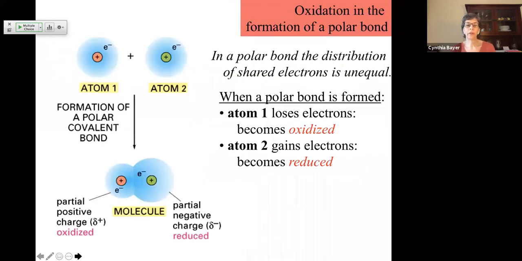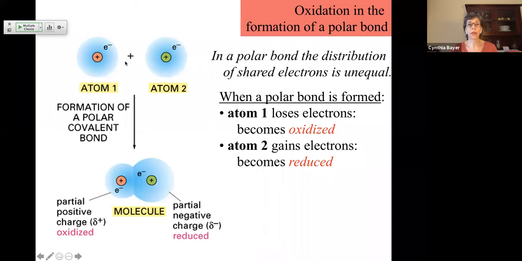So let's look at an example of an oxidation and reduction, or redox, reaction. If we just look at simple atoms, let's say that atom 1 is a carbon atom and atom 2 is an oxygen. When a covalent bond is formed between a carbon and an oxygen, remember oxygen is highly electronegative.